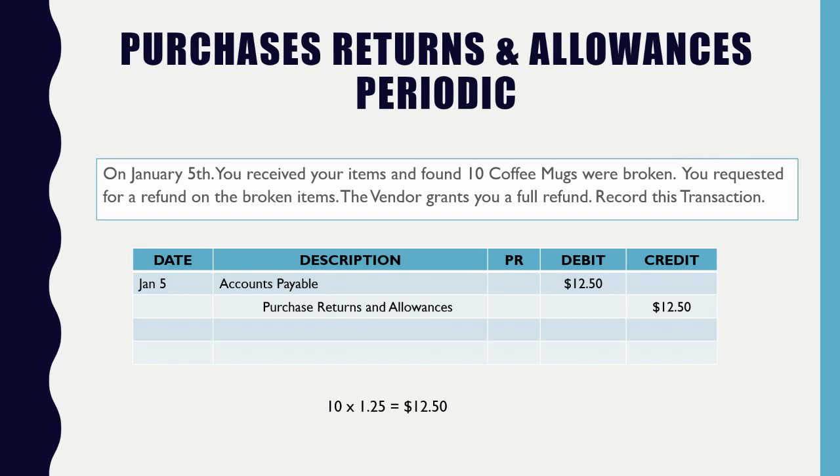So by decreasing it, I'm going to place it as a credit for the total amount of $12.50, because it's 10 items at $1.25 to give us a total of $12.50. Yes? Yes. Okay.